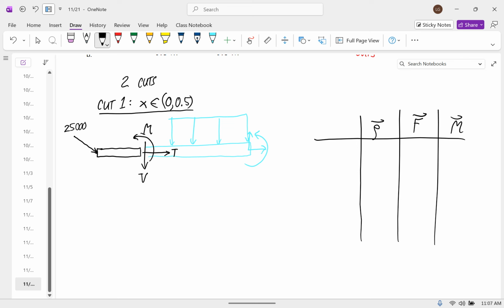My about point is going to be over here at the left. So first, the 25,000 Newton force. That's at an angle of negative 45 degrees. I just did this the other day, so I think this is 17,677.7, and then negative 17,677.7.